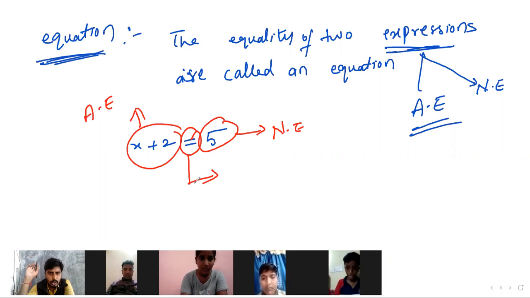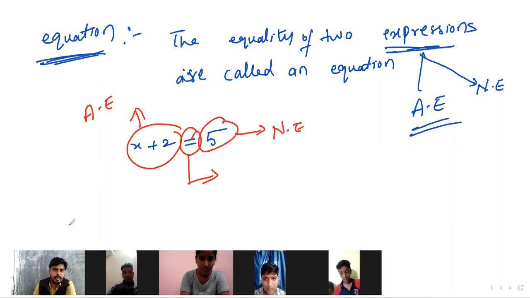So what we can say here is that all numerical expressions are algebraic expressions. And one more thing, every equation is an algebraic expression.